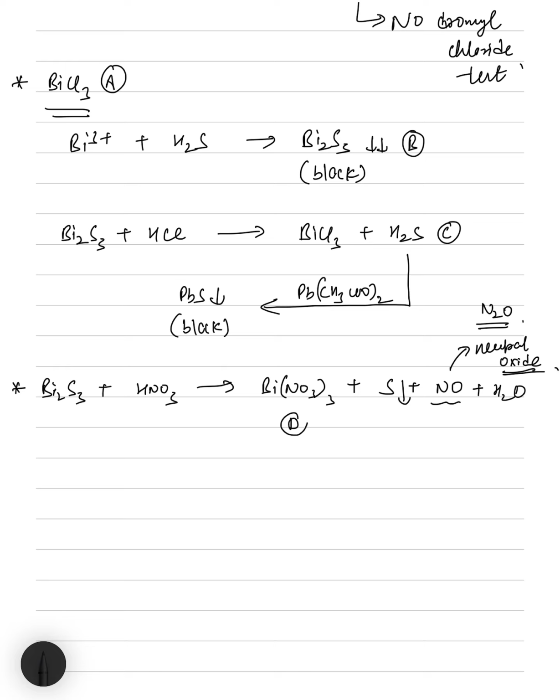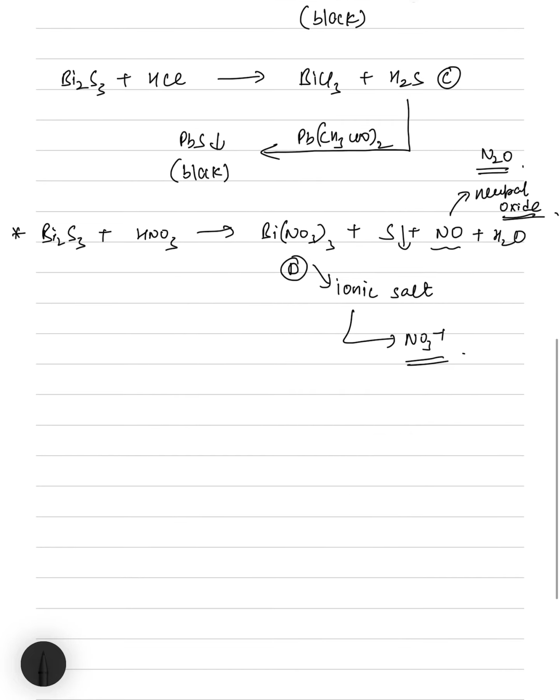D is bismuth nitrate, and since bismuth nitrate is an ionic compound, it is an ionic salt which will easily give us nitrate ions, and nitrate ion gives the brown ring test, right? And what compound is formed during the brown ring test?